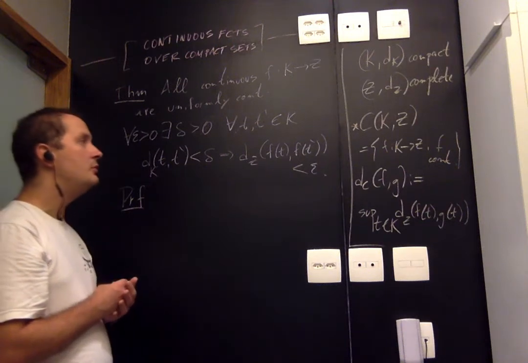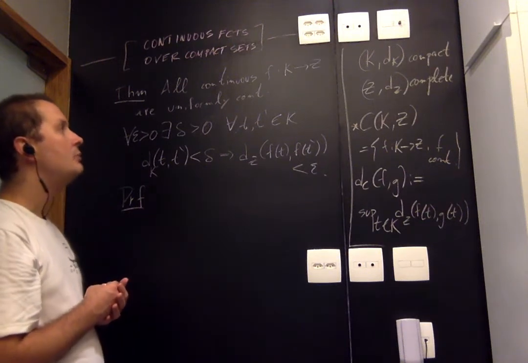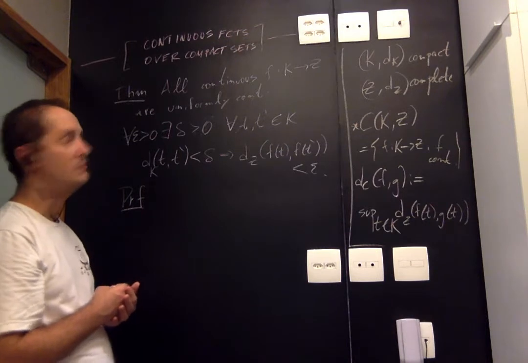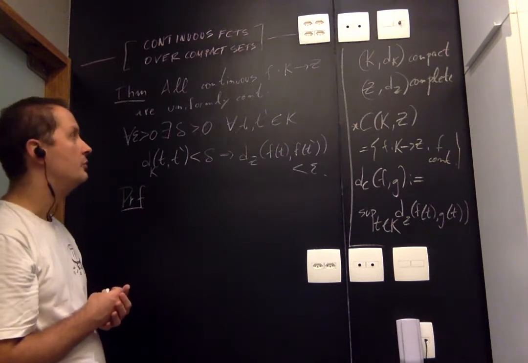And the topological proof uses something about open covers of compact metric spaces, which we proved, right?